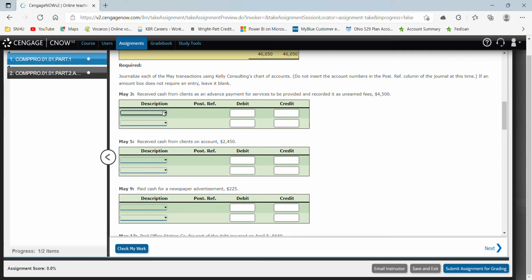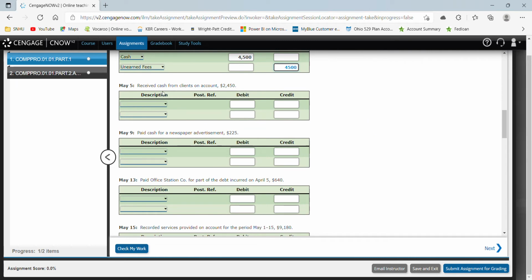But if cash is involved, the easiest thing to do is look at what's happening with cash. So with cash, we're receiving cash, cash is increasing, so we're going to record cash, and that is going to be our debit for 4,500. And then we got unearned fees, and our debits always match our credits. And so we're going to record a credit of unearned fees here.